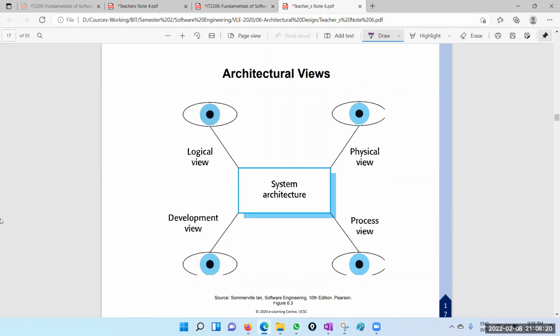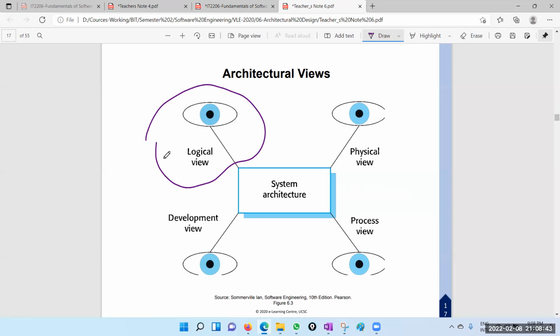So I told you that when you are deciding on architecture, you can't just look at one aspect and decide. We have to look at a lot of things. We have to look at it as a logic: what is the best solution for this kind of problem? Which architecture is going to give you the best solution?